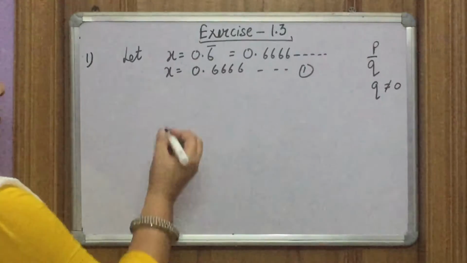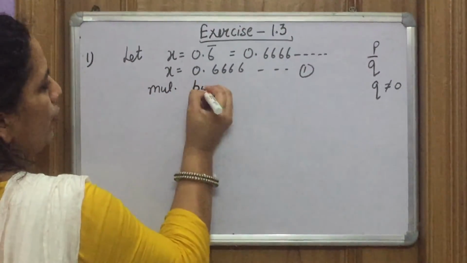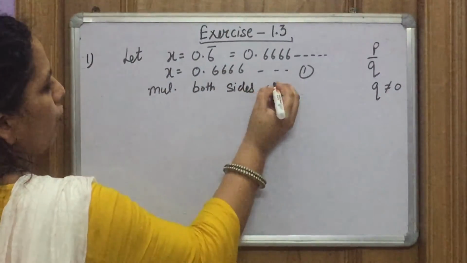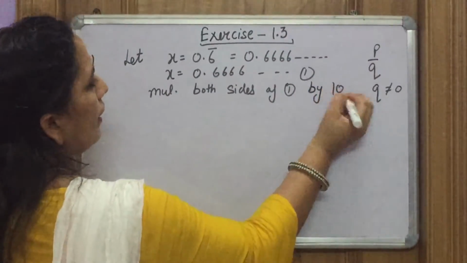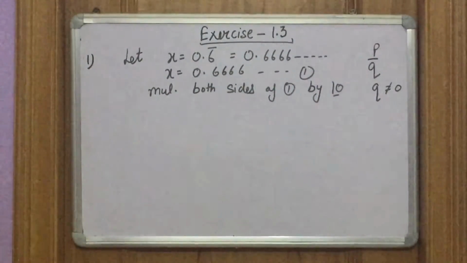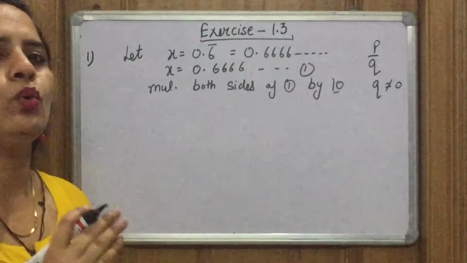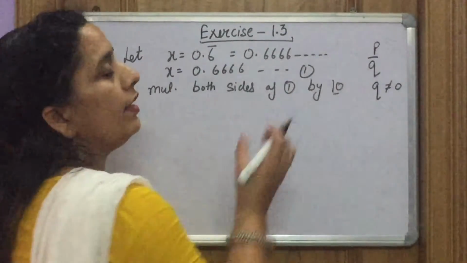Next step is to multiply both sides of the first equation by 10. This is our main step of this question. If after the decimal we have 2 digits which are repeating, then we will multiply by 100.